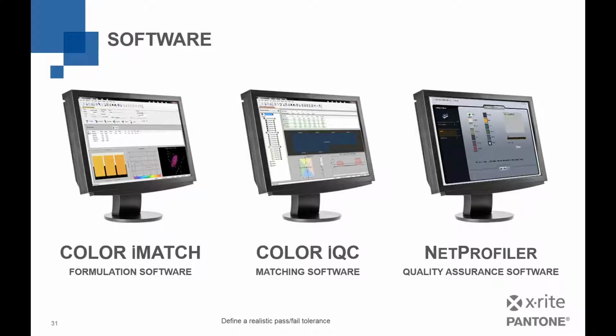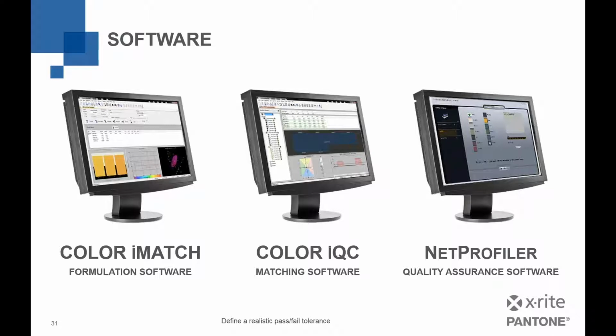There is also a net profiler tool which allows companies which have multiple instruments, either internally or within a supply chain, to profile these instruments so that they give an even greater inter-instrument agreement, so that there's a better chance to share digital data.